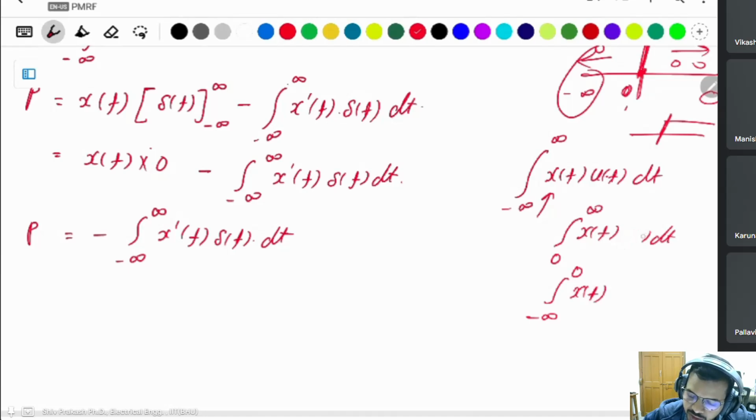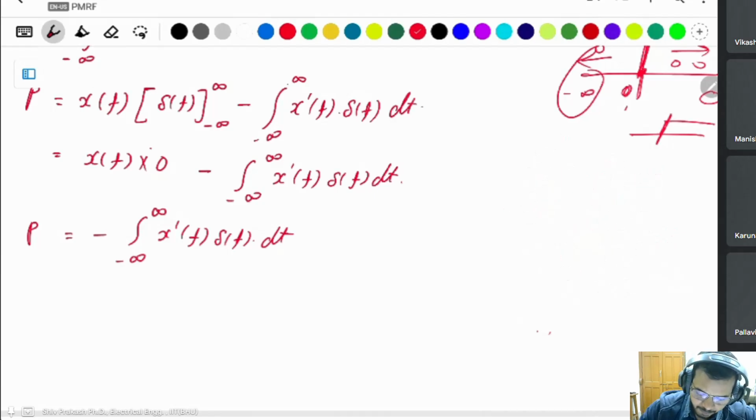So the step function is eliminated and the limit is changed.